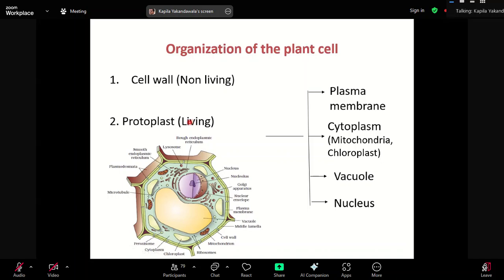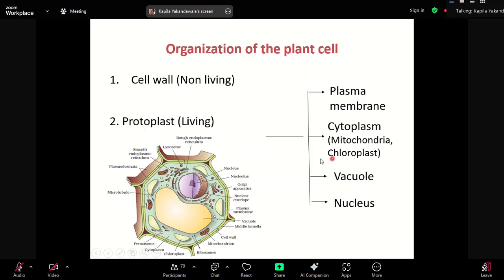Protoplast consists of the plasma membrane, inner to the cell wall, then the solution, which we call cytoplasm. In the cytoplasm you get a lot of organelles like mitochondria, chloroplast, endoplasmic reticulum, Golgi bodies. Then a large vacuole and a nucleus. All these are called protoplast.